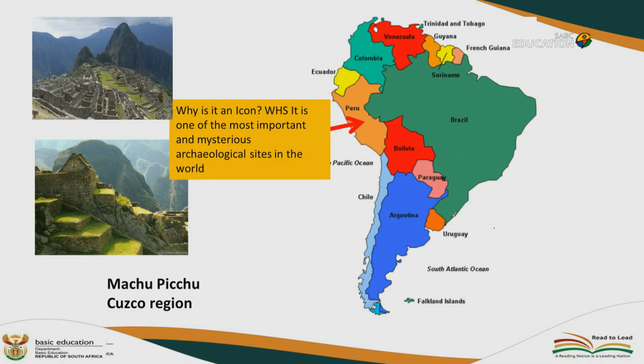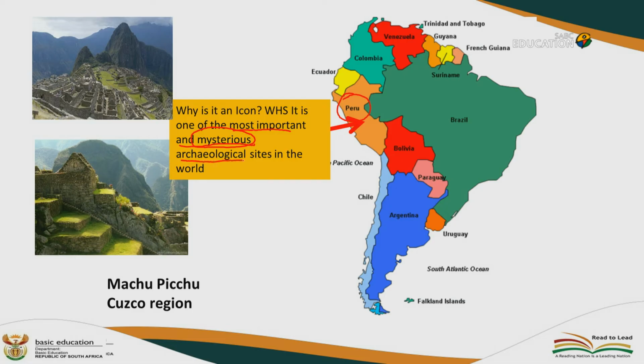We've got this one, the Machu Picchu. Where is it found? It is found in Peru. And then why is it an icon? It is one of the most important and mysterious archaeological sites in the world. The word mysterious, what does it tell you? What type of tourists visit?